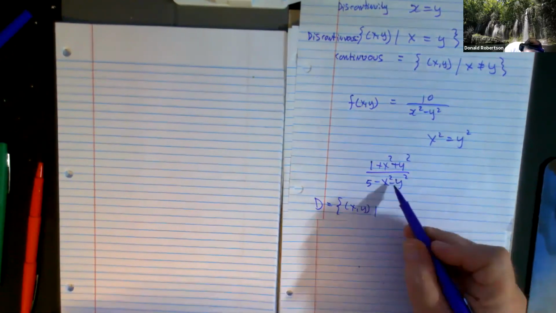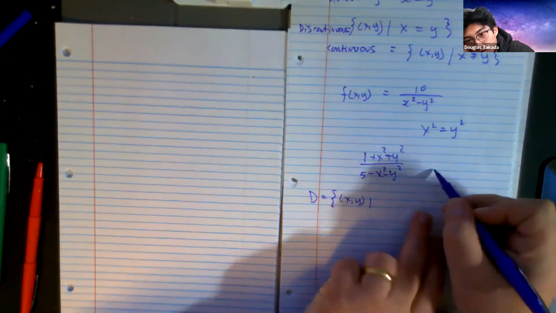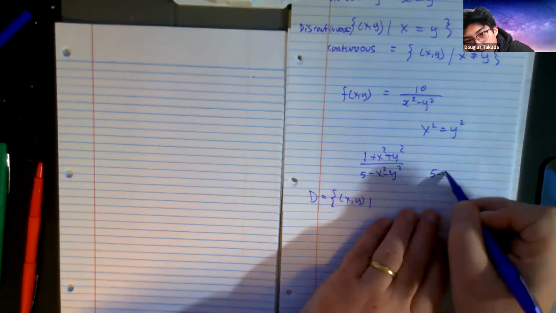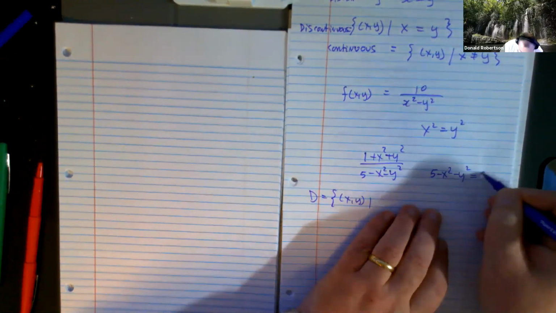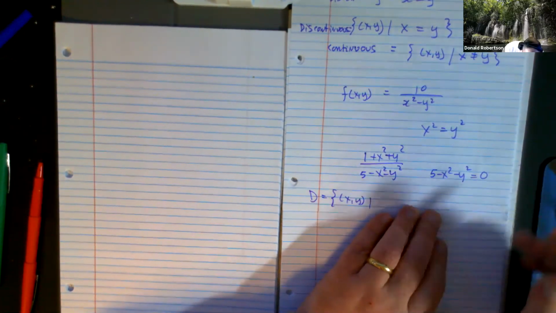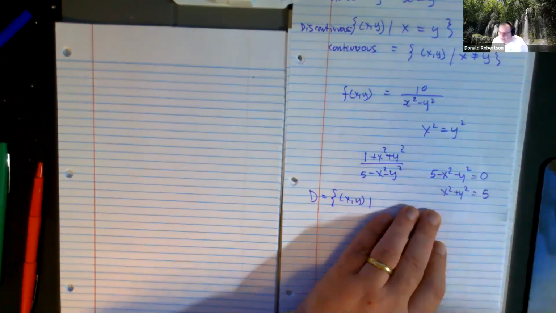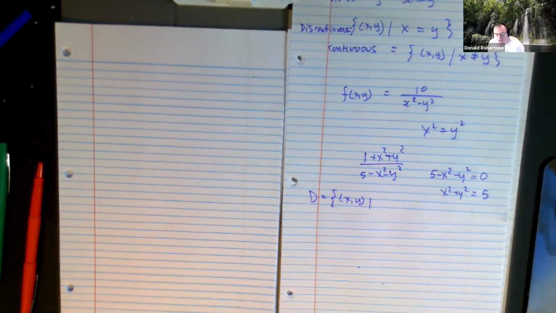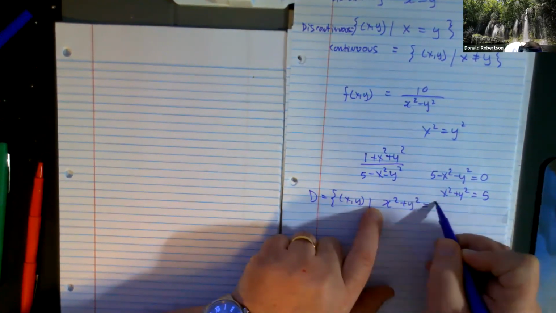Could we do what we did in the last one where we just said 5 minus x squared minus y squared cannot equal 0? Well, that would be it for continuous. To be discontinuous, you say equals 0, right? And that is correct. The book does this, or WebAssign does this, which is the same information. It just looks prettier. So if you wanted to know where it is discontinuous, that's your answer.